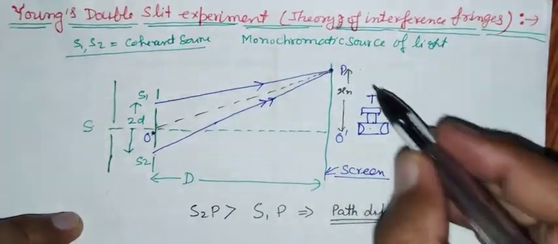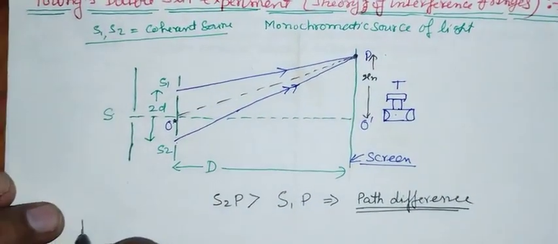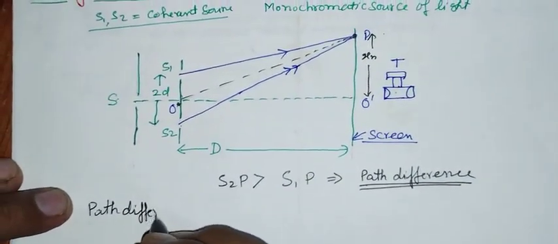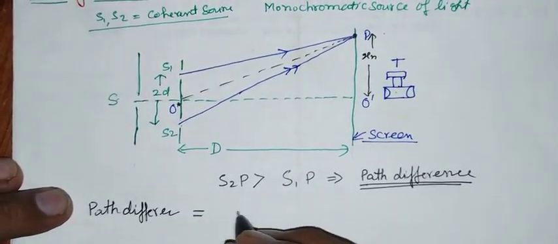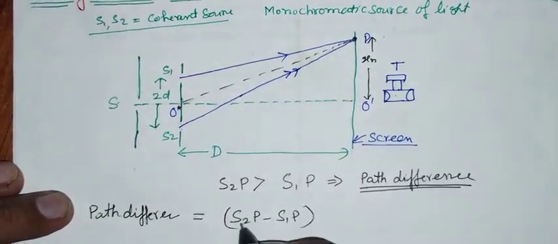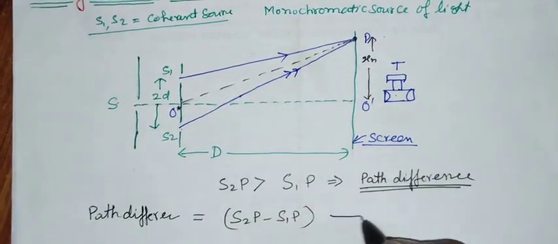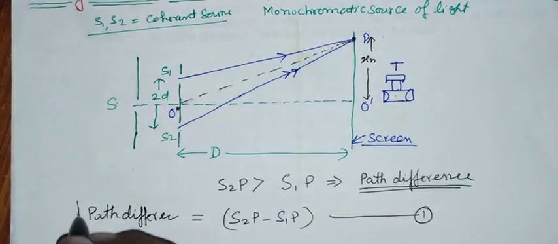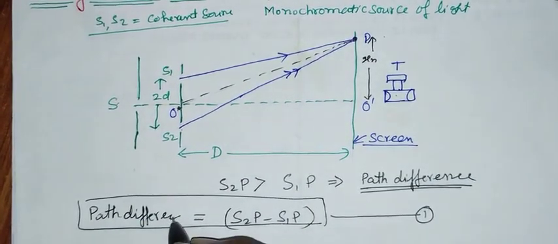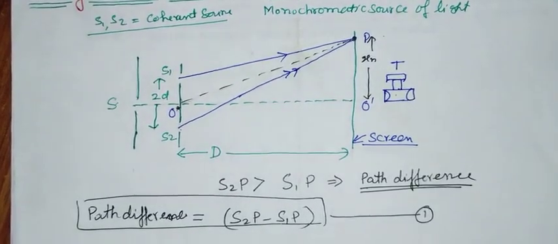In that condition, at a particular situation, we may write path difference equal to S2P minus S1P, because S2P is longer than S1P, and it can be represented by equation number 1.